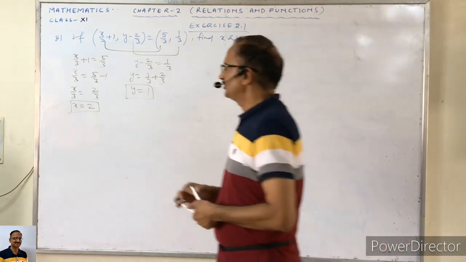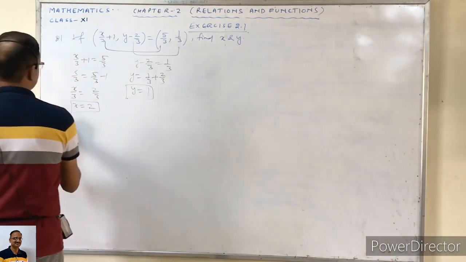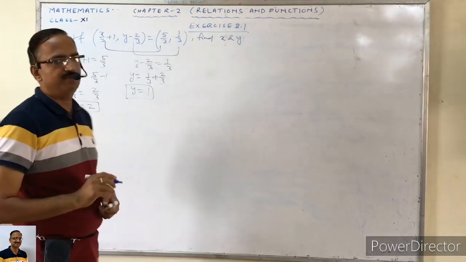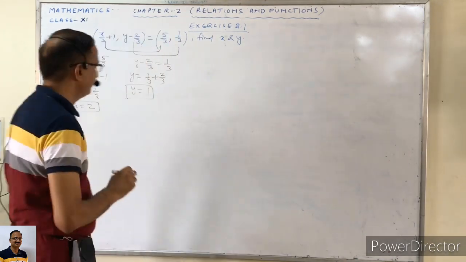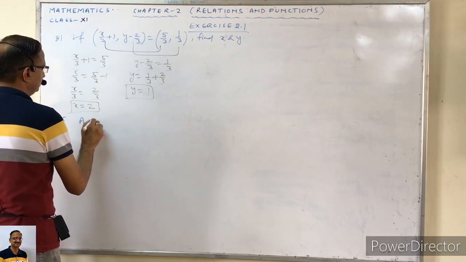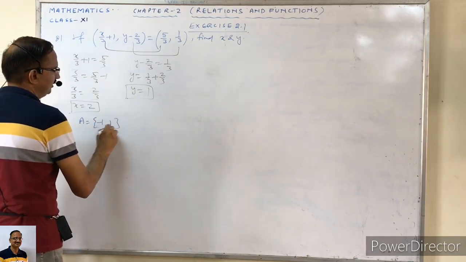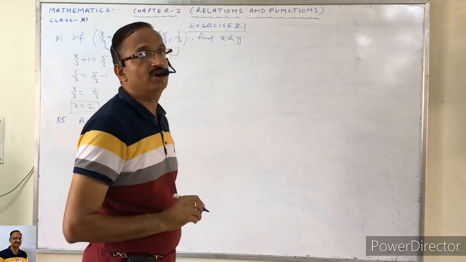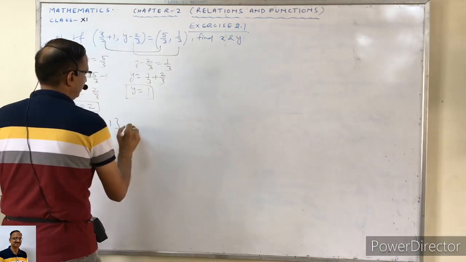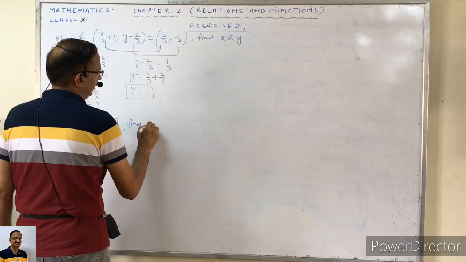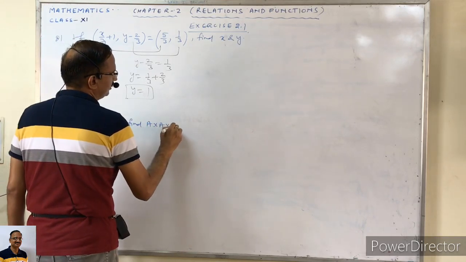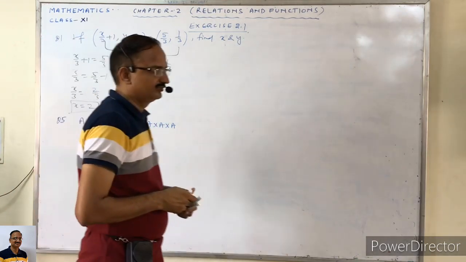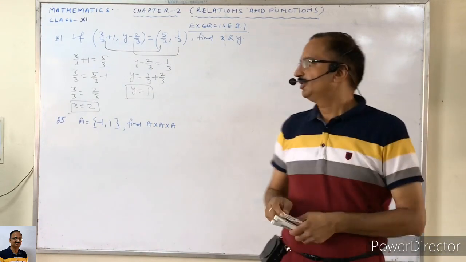Now, come to question number 5. In question number 5, we have a set A having elements -1 and 1. Then find A cross A cross A. Okay, children?